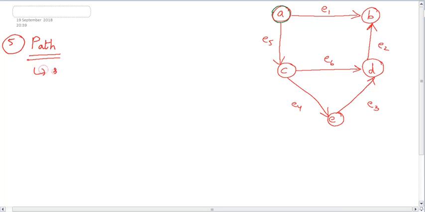I have to find the sequence of vertices, each adjacent to the next.